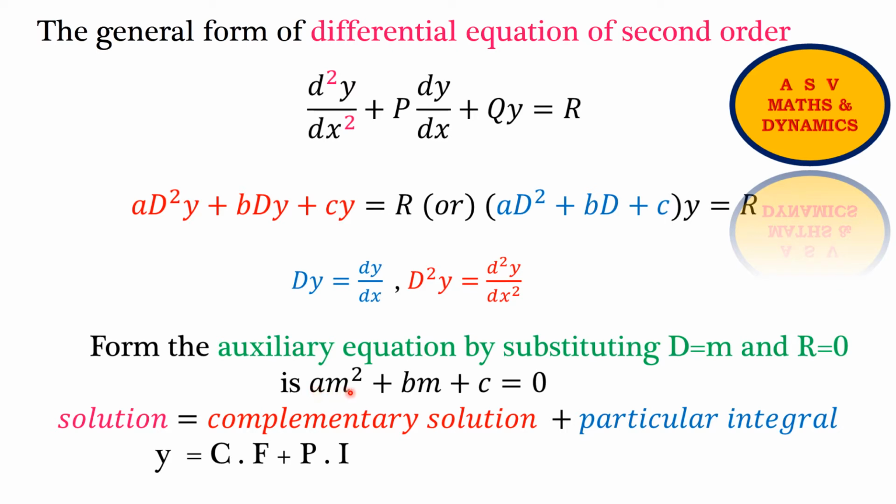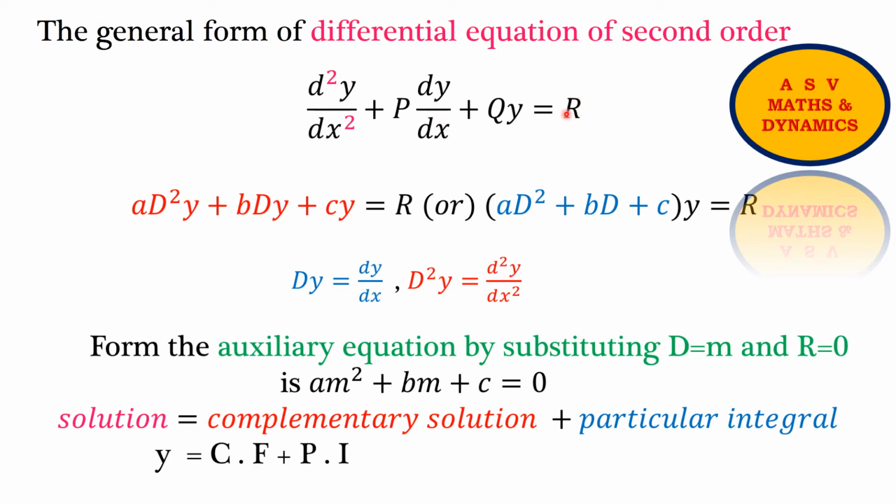But am squared plus pm plus c is the normal form. So this is the auxiliary equation for the second order differential equation. From the auxiliary equation, you can find the complementary function for the left side. For this second order differential equation, on the left side you find the complementary function. On the right side, you have to find the particular integral.